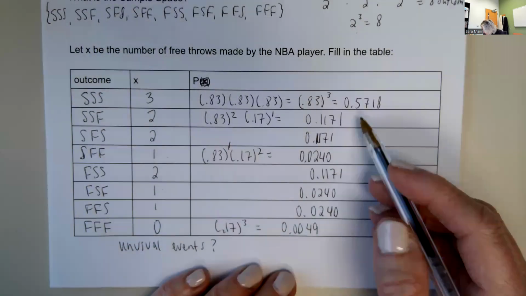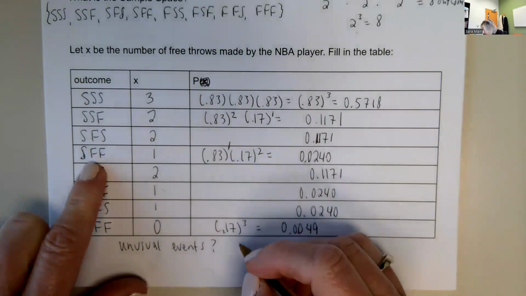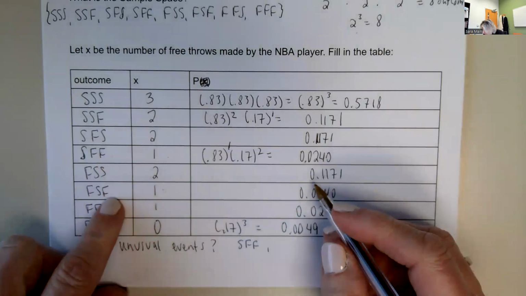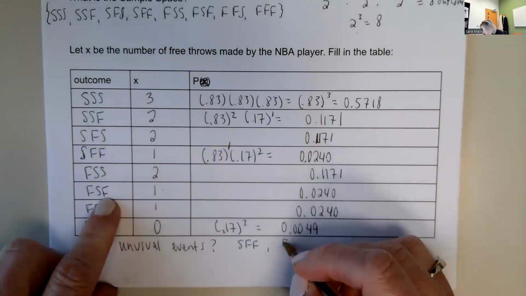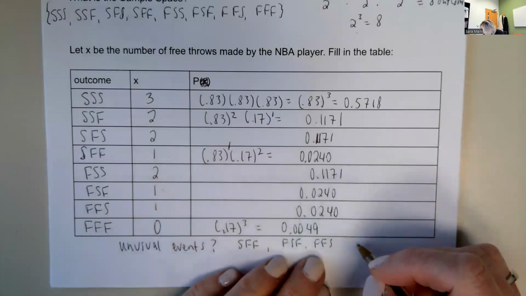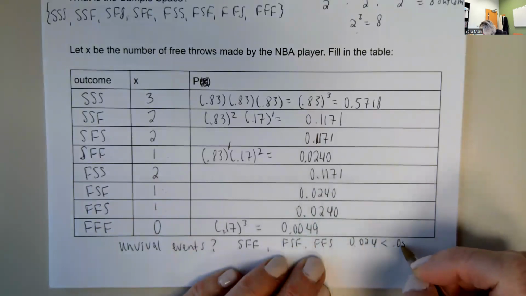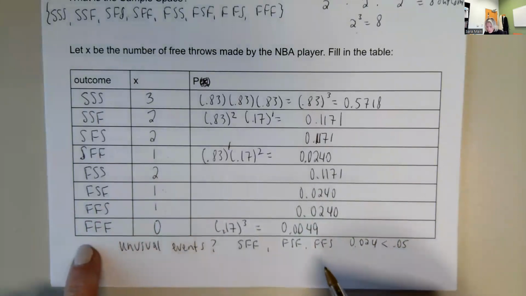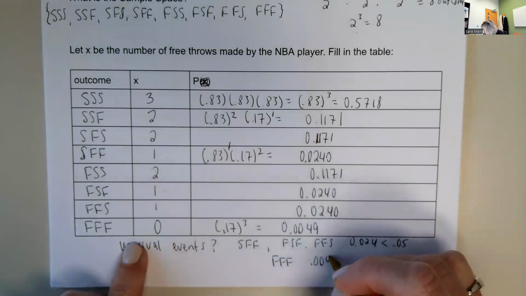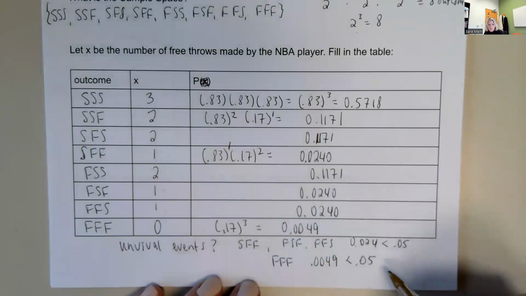So we would have getting 1, the SFF, and so each of the 1 success, those are all 0.024. They're less than 5%. So yes, they're unusual. And then of course the all failure at 0.0049, that one is also unusual. So those are very unlikely.